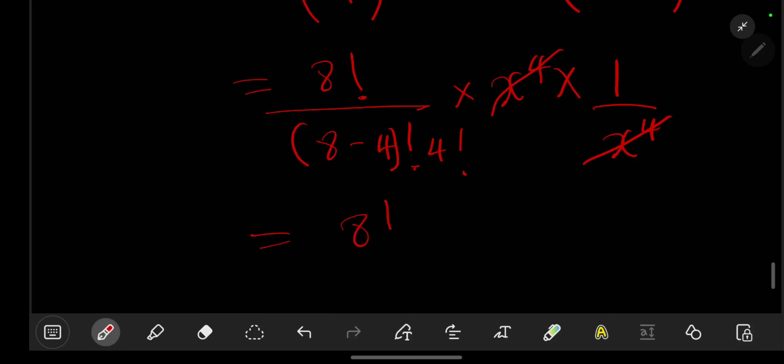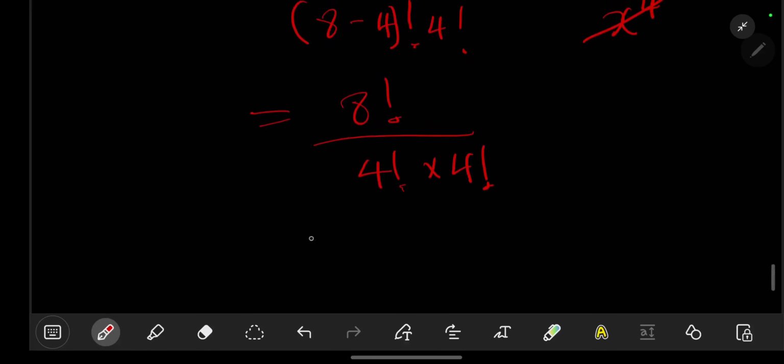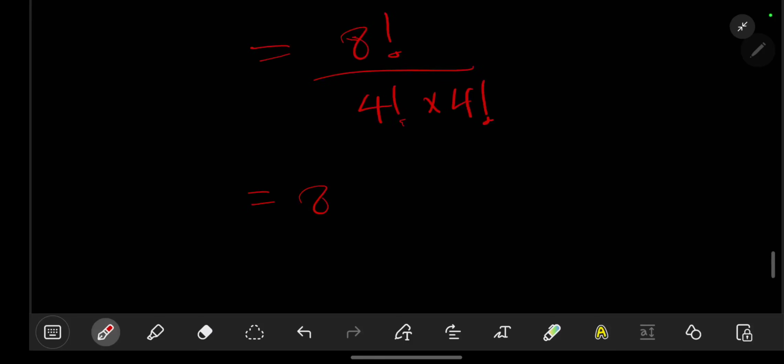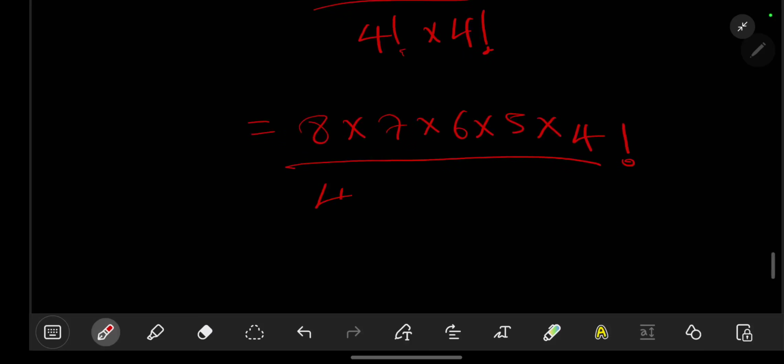So we have our 8 factorial over, we are remaining with 4 factorial times 4 factorial. So what we are going to do is say 8 factorial is the same as 8 times 7 times 6 times 5 times 4 factorial, over the 4 factorial times 4 factorial.